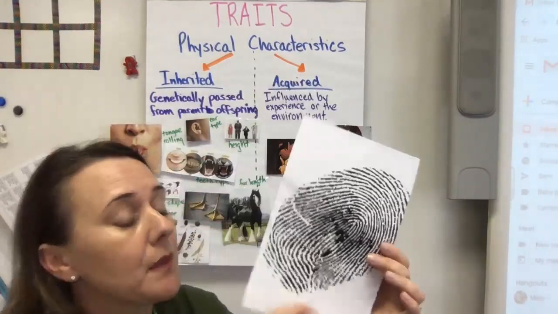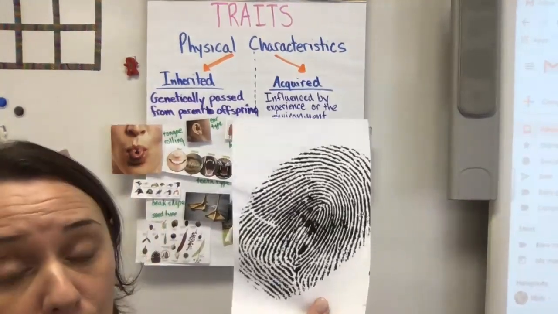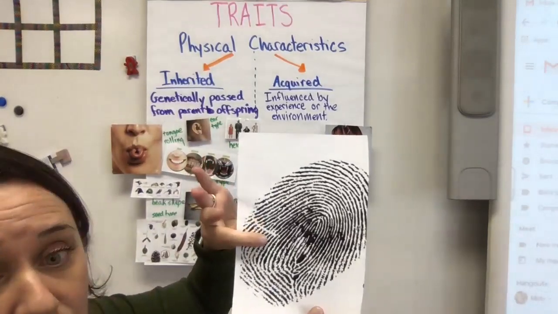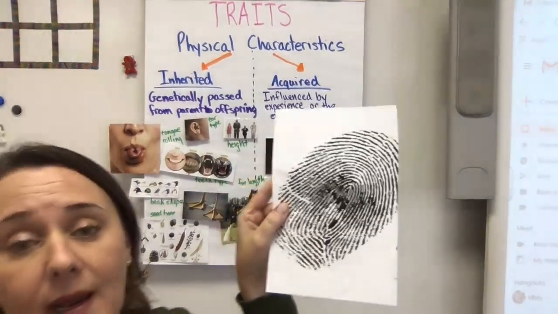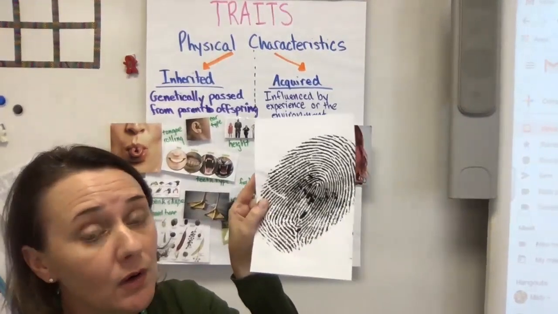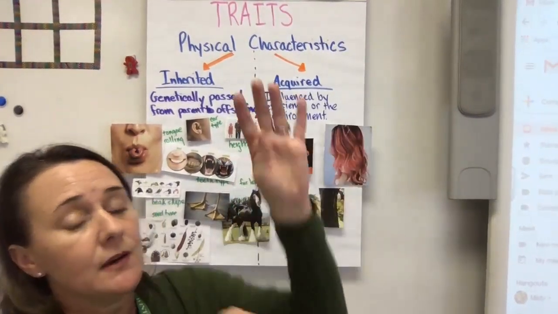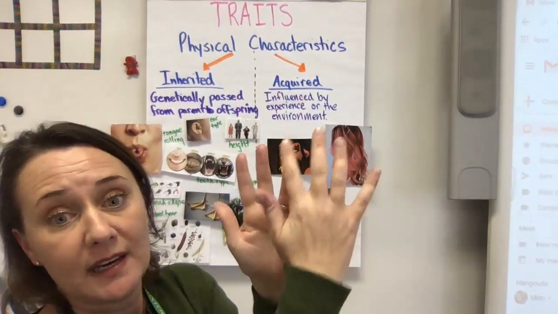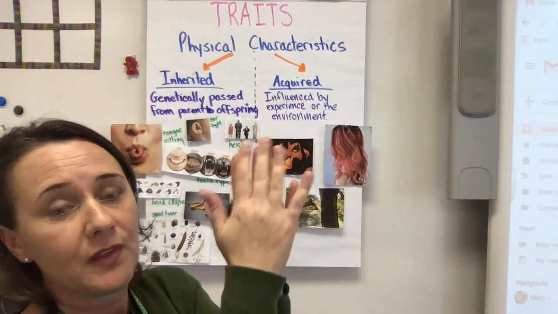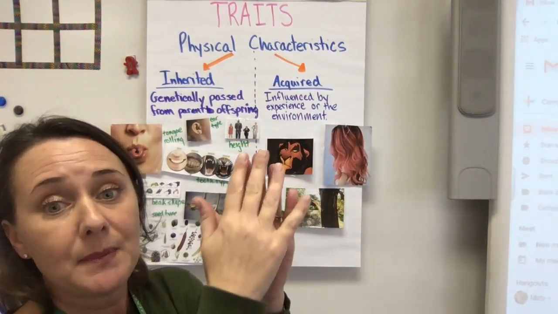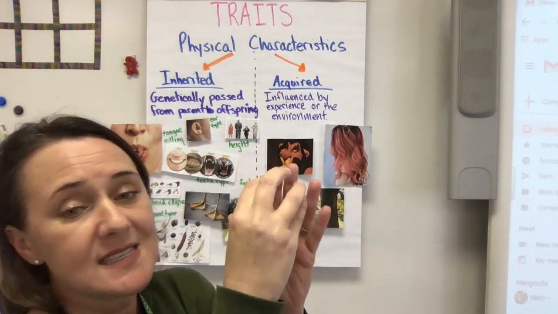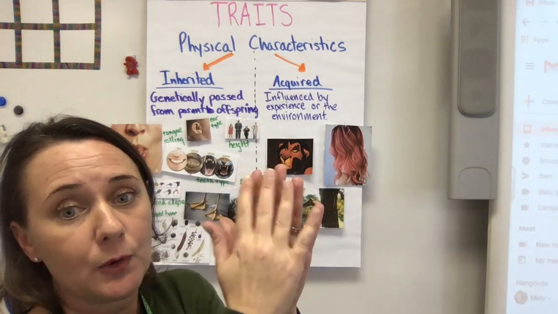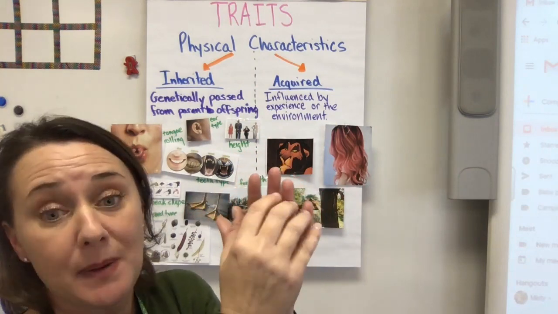And here's why. We're going to include a video after I talk about this that shows you how fingerprints are made. But basically, when you are inside your mother's belly, your fingerprints aren't there yet. They're just little flat pads. The fluid inside your mother's womb presses into the blank pads and creates a pattern.